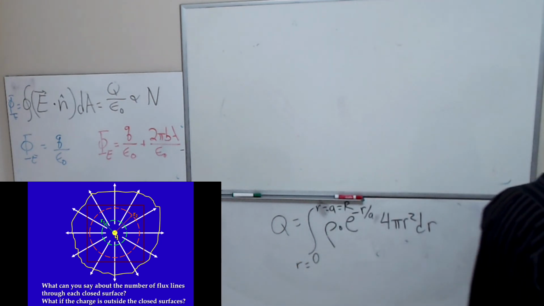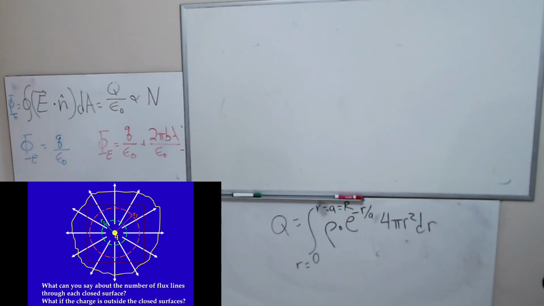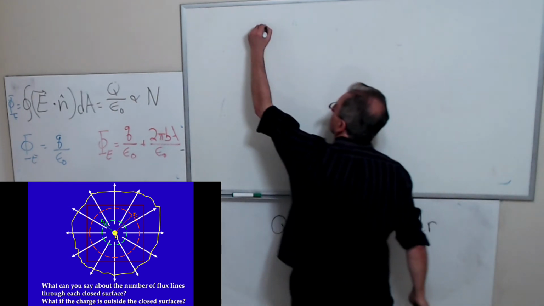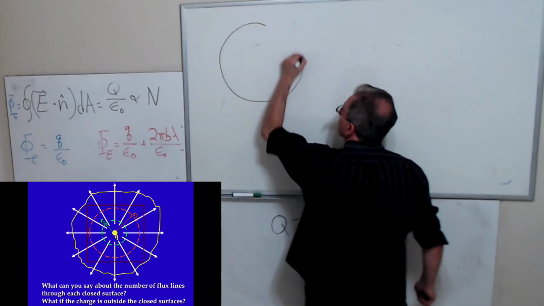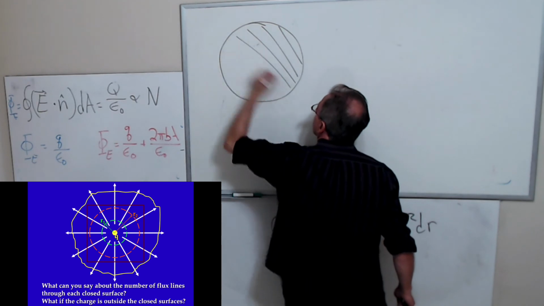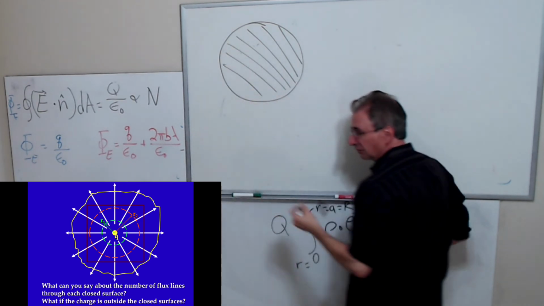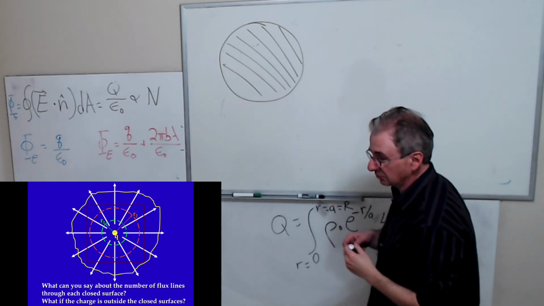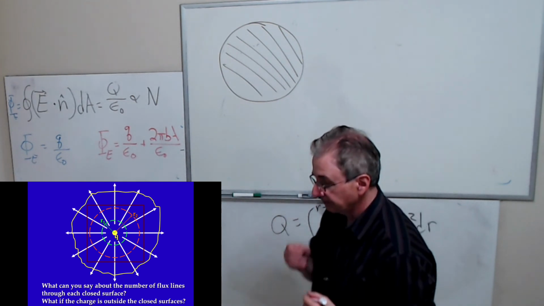Okay, and C, you have a charged disk. By the way, when you do this with mass or you do this with density, it's the same problem.